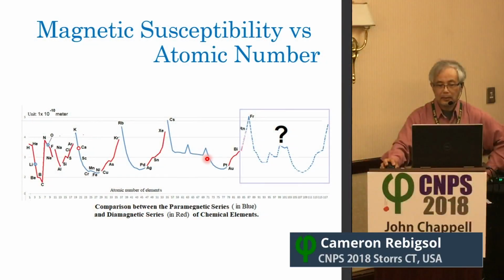It determines the element's magnetic properties, and which one dominates. I believe that the neutron shows more and more dominance.